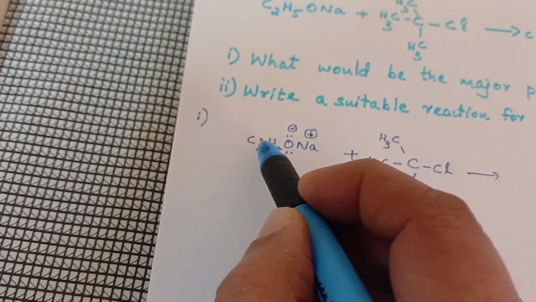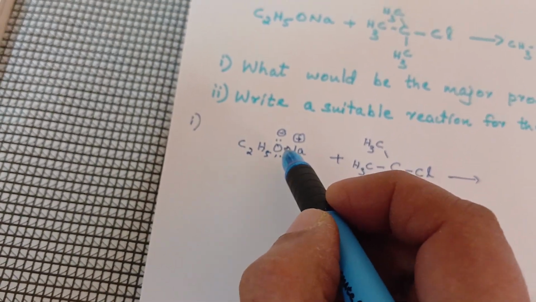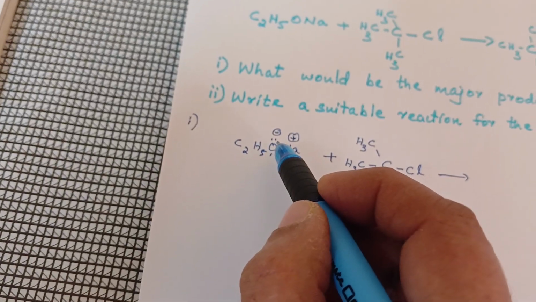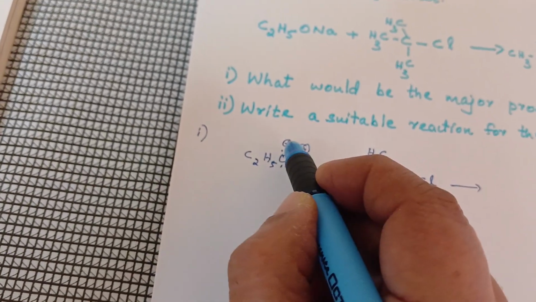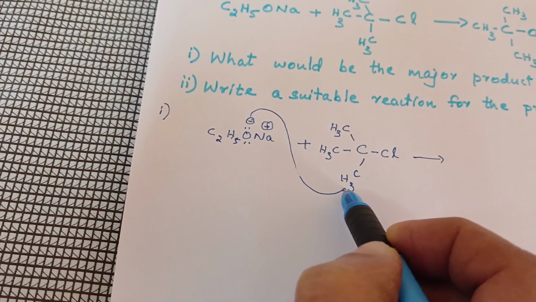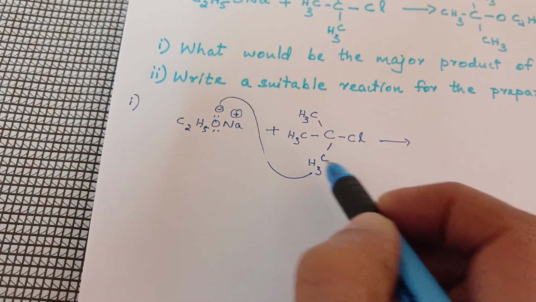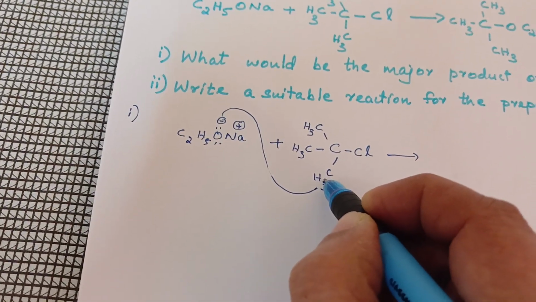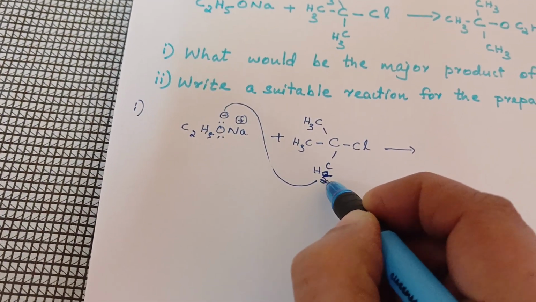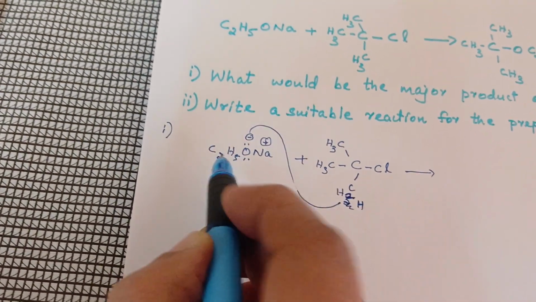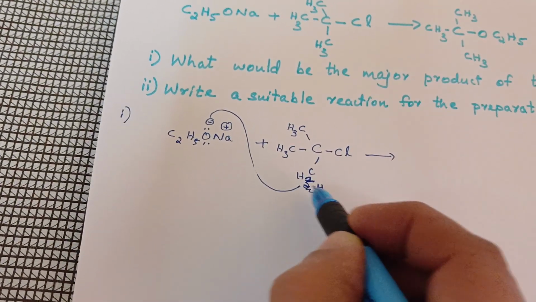This is a strong nucleophile. Not only is it a nucleophile, this alkoxide ion is a strong base also. It will come and take up a proton from here. So instead of CH2CH3, you will be left with a CH2. That is, one hydrogen will be taken up by this C2H5O minus.